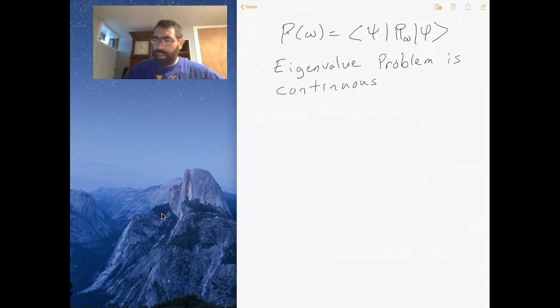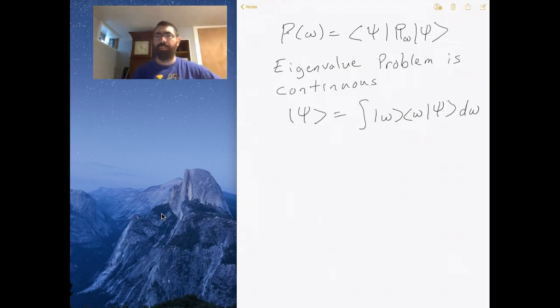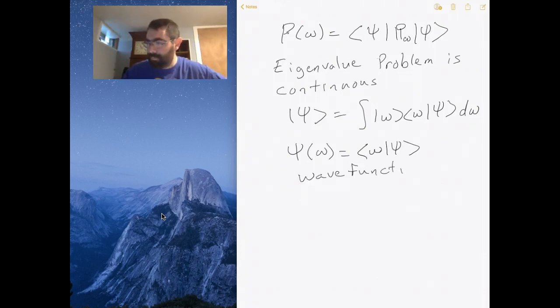So in that case, if I have a state psi, it is the integral over the projection of all possible states, omega, on psi, and then I integrate over the variable omega. In this case, what we've now defined is something called the wave function, or sometimes called the amplitude.